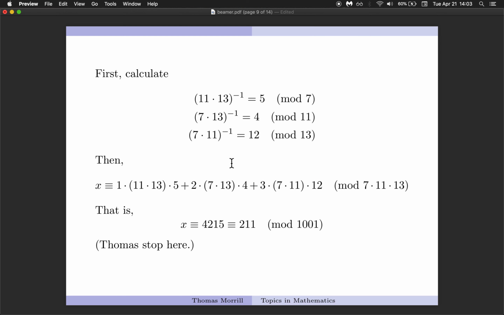So it would not be enough, for example, just to say x equals 4,215. That would be partial marks at best. Again, let me know if you have any questions with problem 2, and I hope that you all got either 4,215 or 211 or anything that's congruent to those as your solution.